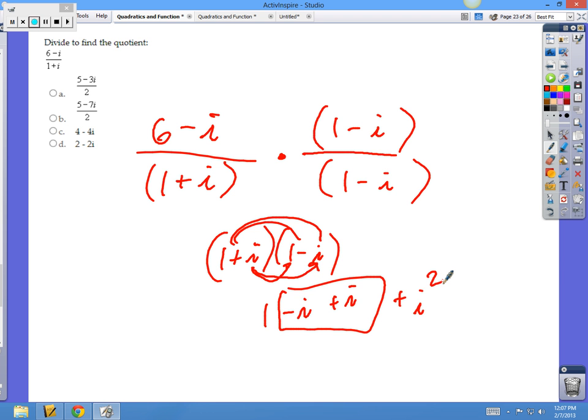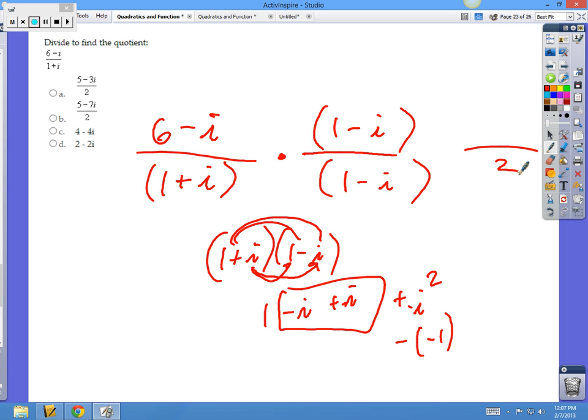It's I squared. I times a negative I is a negative I squared. So I squared is a negative 1, but what's a negative negative 1? So your whole bottom should be 2.